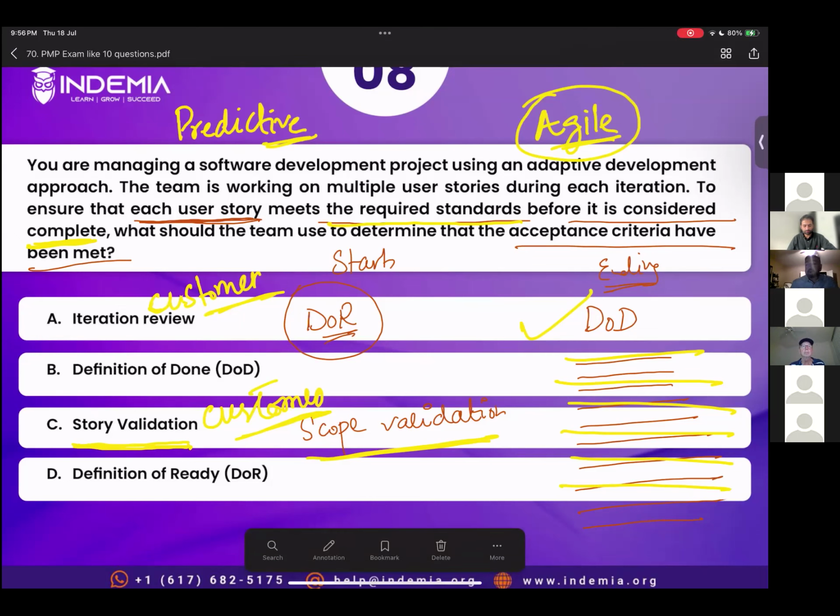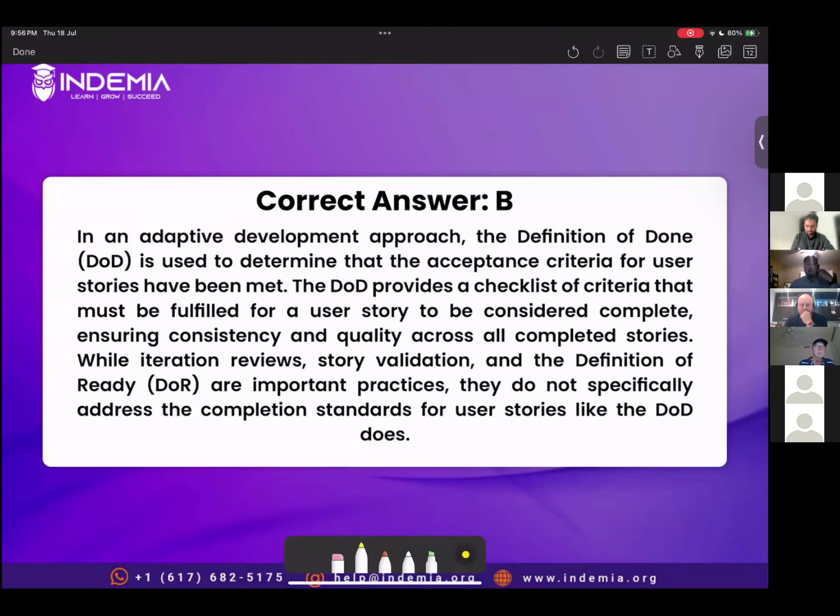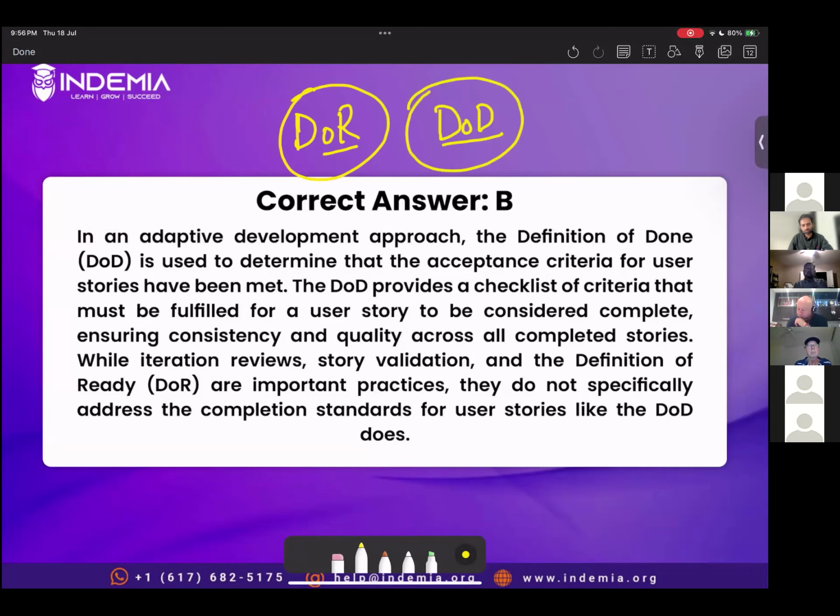Let's read the explanation. Now, this is a tricky question. Why is it tricky? First, you need to have basic knowledge, like what is DOR and DOD. If you're not sure what DOR and DOD are, you need to go back and review the content. Without understanding this basic difference, you won't be able to answer such questions.